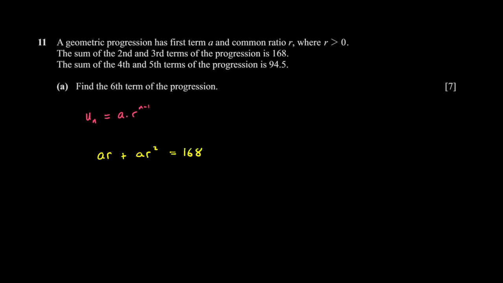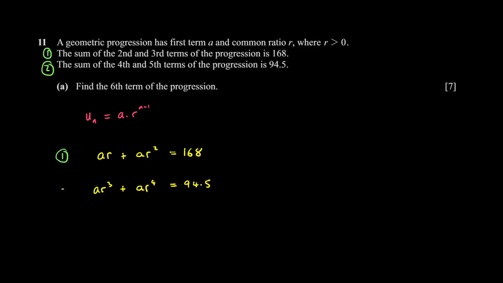This is like statement 1. And statement 2, the sum of the fourth and the fifth terms is 94.5. Well, the fourth term is ar to the power of 3, and the fifth term is ar to the power of 4. So that's going to be equal to 94.5.